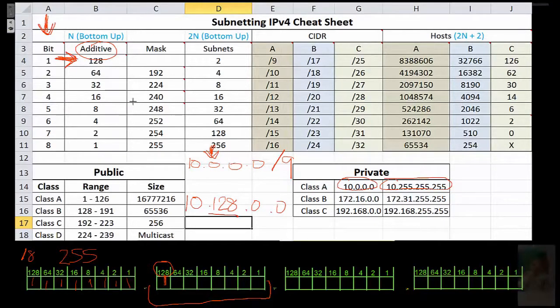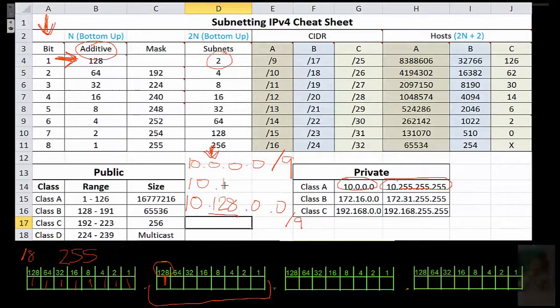So now that we understand our additive is 128 and we got the 2 networks available, why do we know it's 2? Well, it was only 2 subnets that you could have at that point. Once you divide it at that 128 mark, using that mask value, we're making the assumption that this guy here is a /9 as well. That's what's available to you at least.